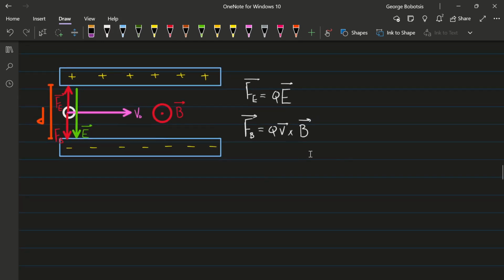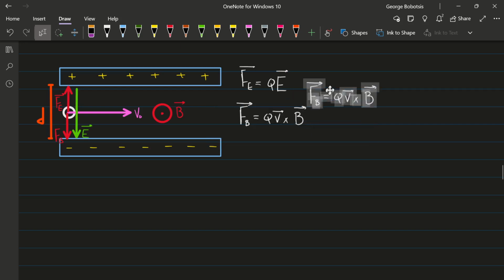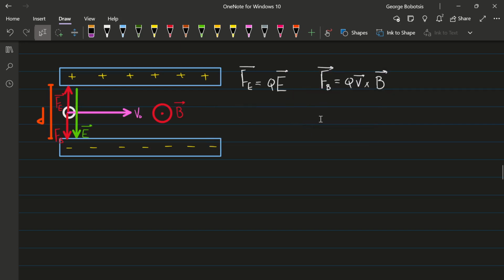Okay, we've discussed again how we're going to get these forces going. Now, I already assume that there's an appropriate magnetic field in the area of the appropriate direction. So all I have to worry about are the sizes.